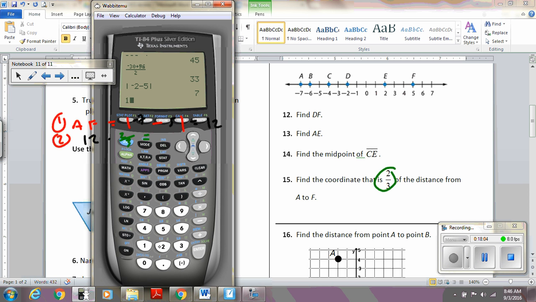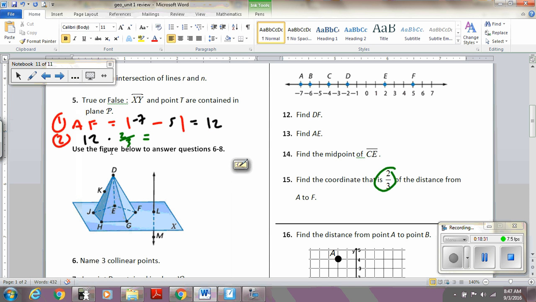So I need 12 times, I'm not even going to use alpha y equals, watch this, parentheses 2 divided by 3. That's the same thing. And I get 8. Look, I had to put my fraction in parentheses in order to do it that way. It'll work too. So the result was 8. This is your fractional distance.